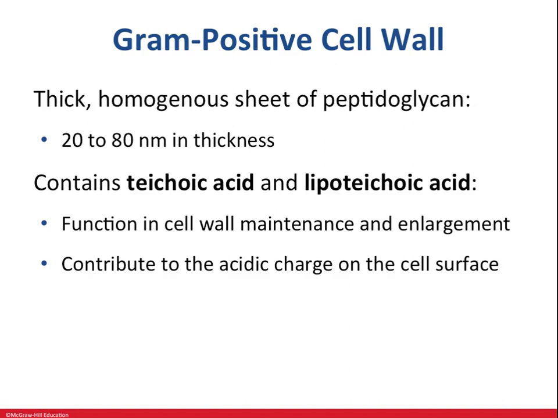peptidoglycan. Since the cell wall is thick, it contains tens of layers of peptidoglycan, normally 20 to 80 nanometers in thickness, so this is very, very thick. It contains teichoic acid and lipoteichoic acid.